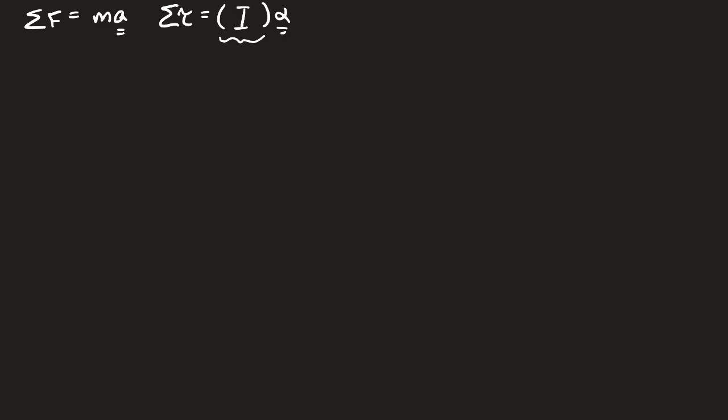But it's important to understand that this is not a vector, the same way that mass isn't a vector. Torque is a vector, acceleration is a vector, so the acceleration has to be in the direction of the net torque, in the same way that net force and acceleration are vectors. But torque is in meter newtons, bless you, and acceleration is in radians per second squared.